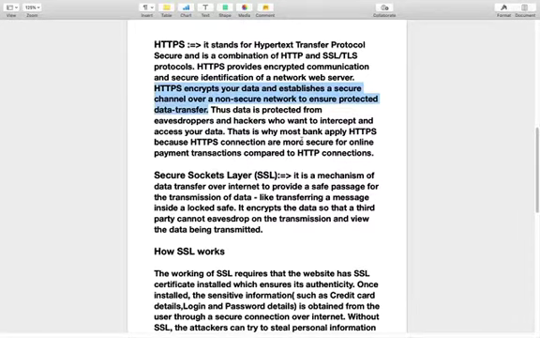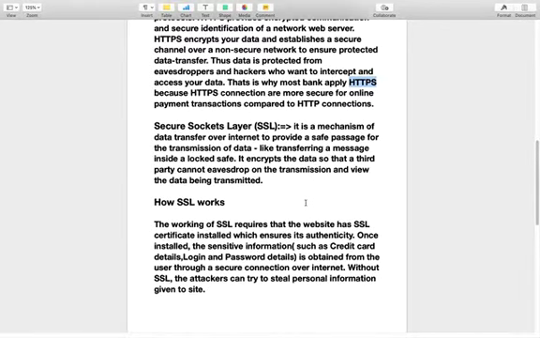That is why most banks apply HTTPS, because HTTPS connections are more secure for online payment transactions compared to HTTP connections. Today all financial transactions and other critical information are transferred by the HTTPS protocol.